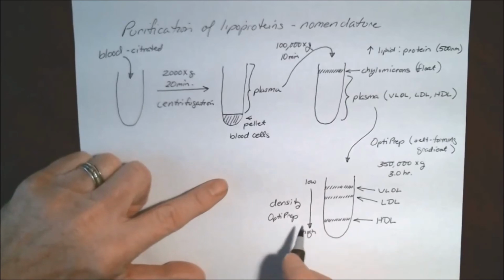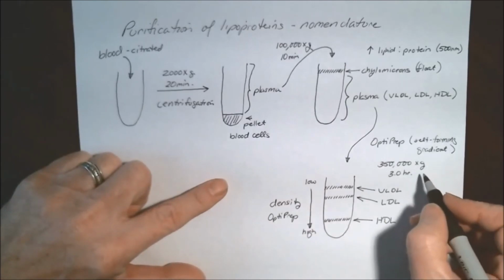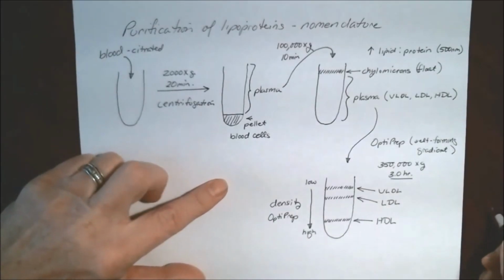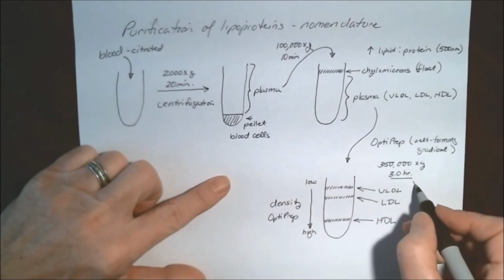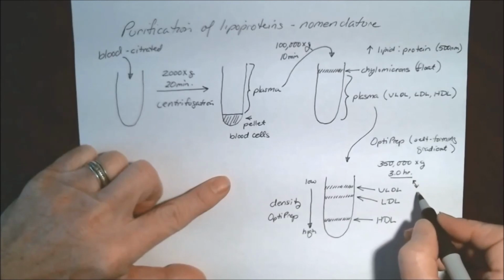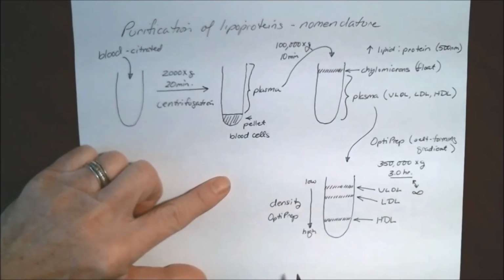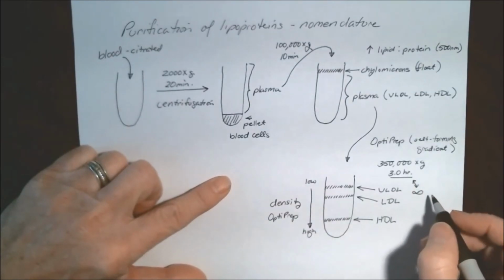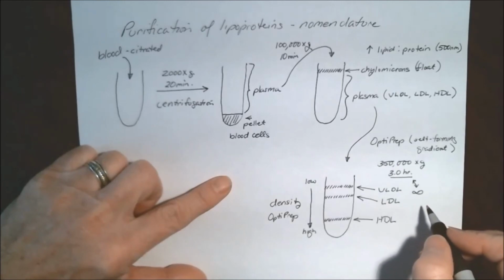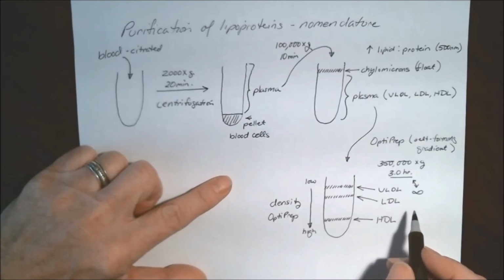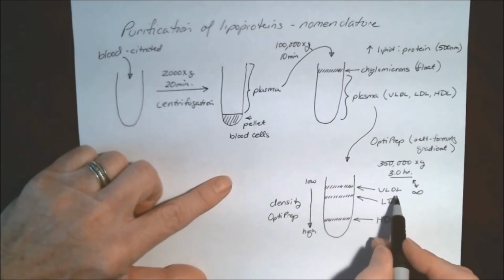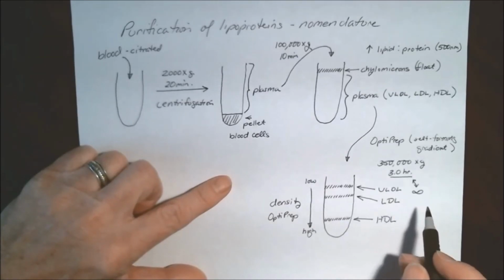Now the nice thing about this self-forming gradient is that it takes a minimum of 3 hours to form the gradient, but you can technically centrifuge this sample indefinitely, and the gradient will not change.